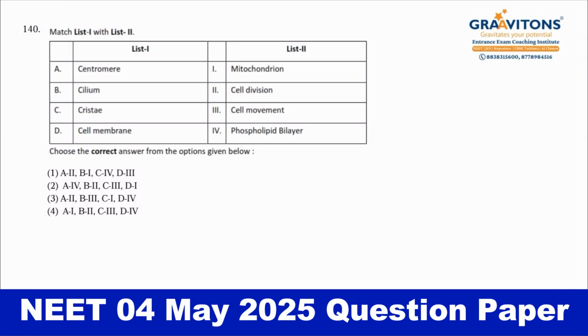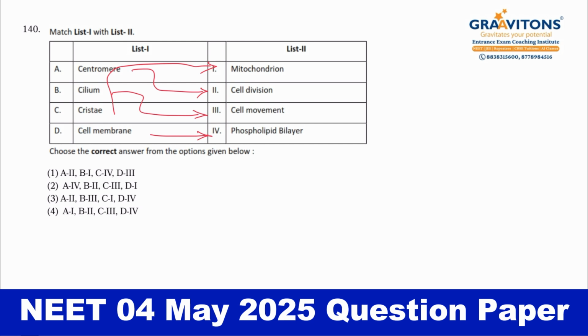Alright, the next question, number 140, again is a match based question. Here in column 1, the cell organelles or parts of cell organelles are mentioned, and we have to match them with list 2. The centromere is helpful in cell division, cilium for cell movement, cristae are infoldings of the inner mitochondrial membrane, and the cell membrane has the phospholipid bilayer.